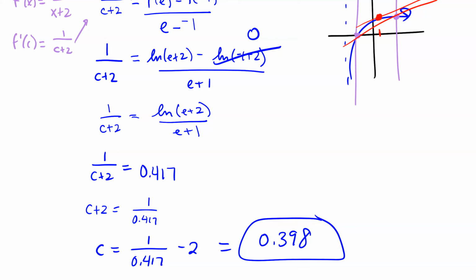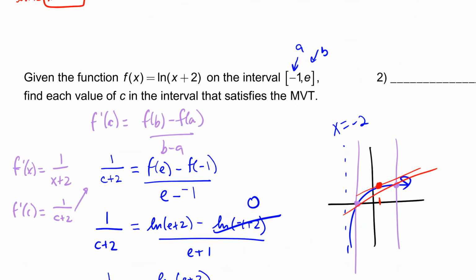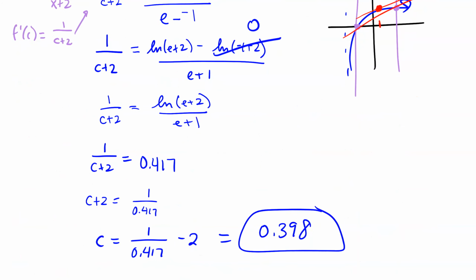If we do this without thinking of the graph, or whether it satisfies the mean value theorem, will we get no solution or something like that? You could probably get a value, weirdly. Is it possible to have multiple values of c? Yes. Does it say find each value of c? There could be more than one.